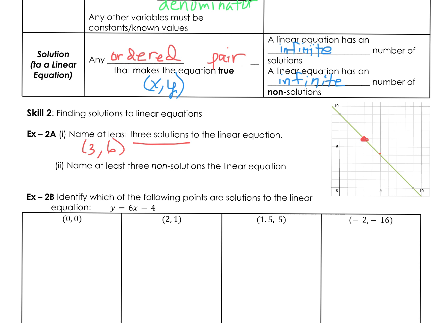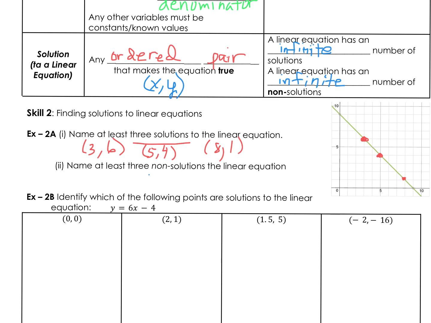And then this ordered pair right here is on the line, and that's at 5, 4. And then a third ordered pair might be here, and that would be 8, 1. So those are all solutions, but there's an infinite number of ordered pairs on this line because the line goes infinitely in two different directions.